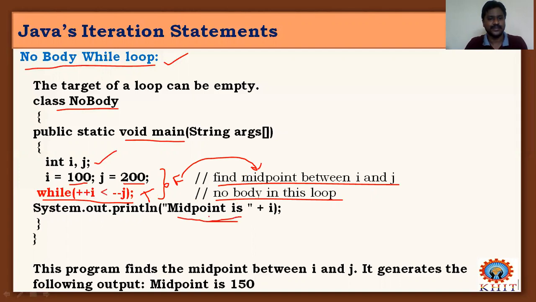So finally it breaks at the point 150. When i becomes 150, it terminates the loop. This is a simple understanding of a while loop without a body.